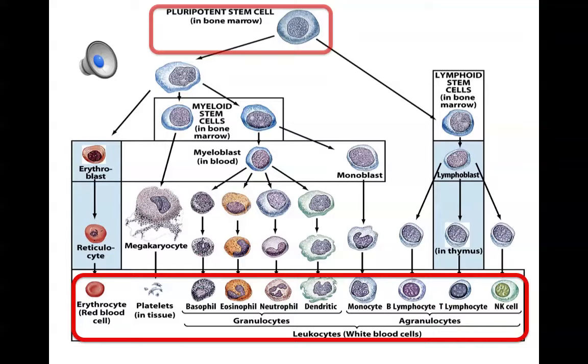There are other kinds of cells like monocytes, agranulocytic cells such as T and B lymphocytes, and even natural killer cells. All of these types of red and white blood cells are derived initially from the same progenitor cell, the hematopoietic stem cell in bone marrow.